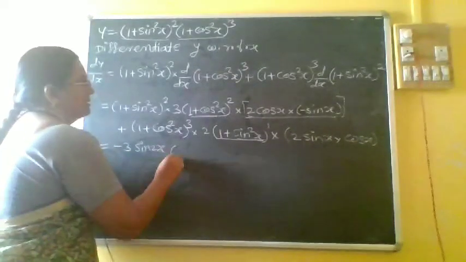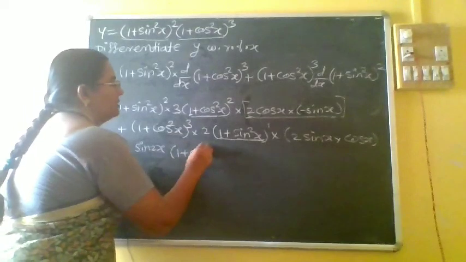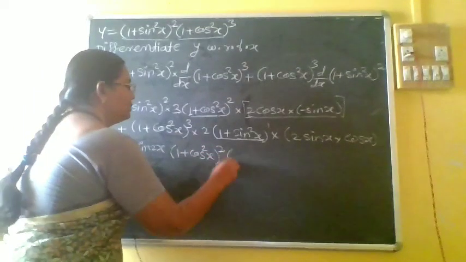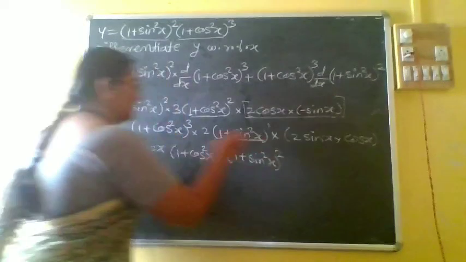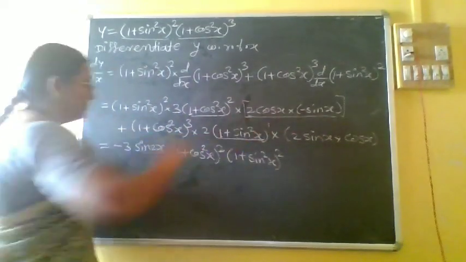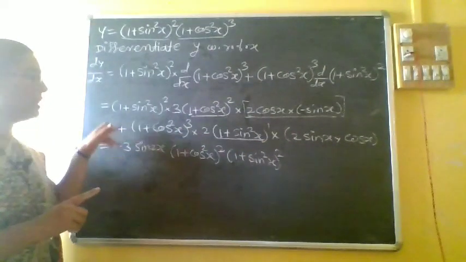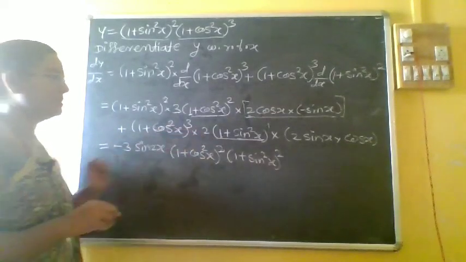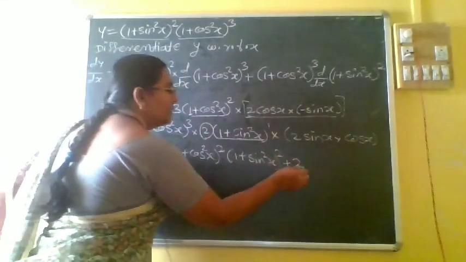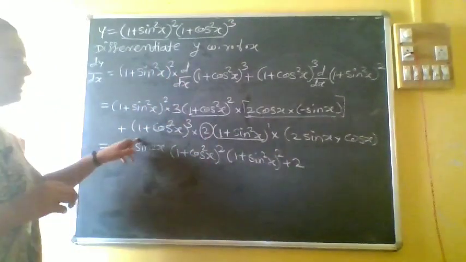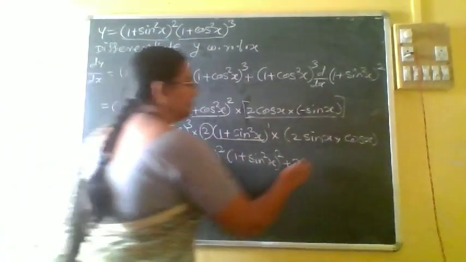It becomes (1 plus cos square x) bracket square into (1 plus sin square x) bracket square. This is the first term. In the second term, we have to also write it as first plus 2. This is 2. I have written here 1 plus sin square x.